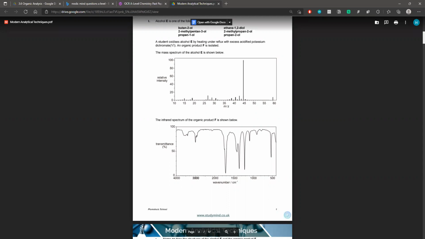Secondary. So now can we deduce what alcohol E is and then what product F is? And by naming. Propan-2-ol.